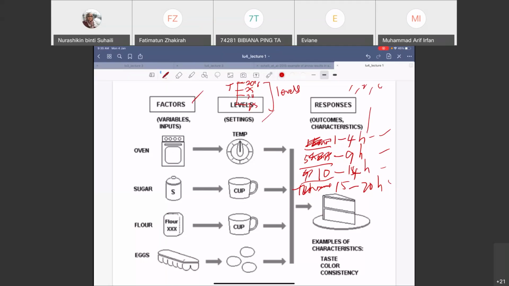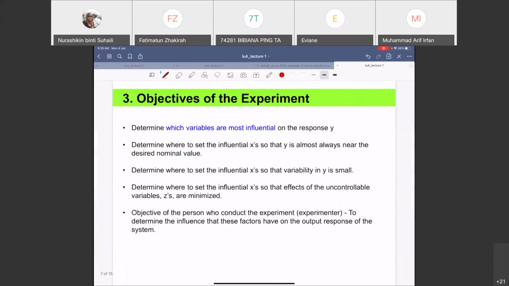Responses, of course, are the results, the outcomes. So the factors, levels, and responses are the things that you have to know. Objective of the experiment: when we run any experiment, we have the factors that we want to analyze. Let's say you have more than one factor, or variables.